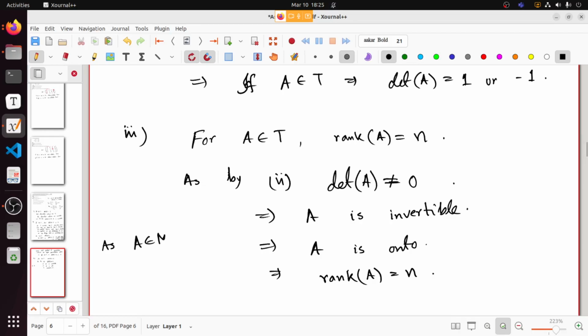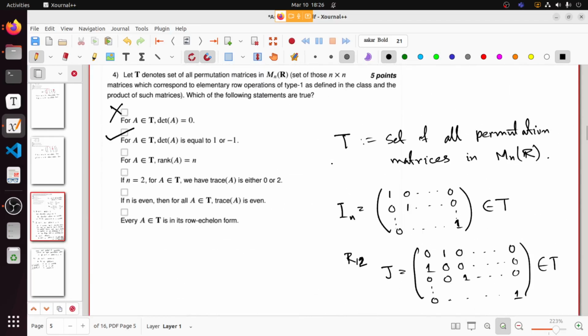A is in M n R, so A basically you can view as a linear transformation from R n to R n, and it is onto, meaning the range is full, so it has dimension n. So the rank of A is n, right? So option number 3 is also correct.